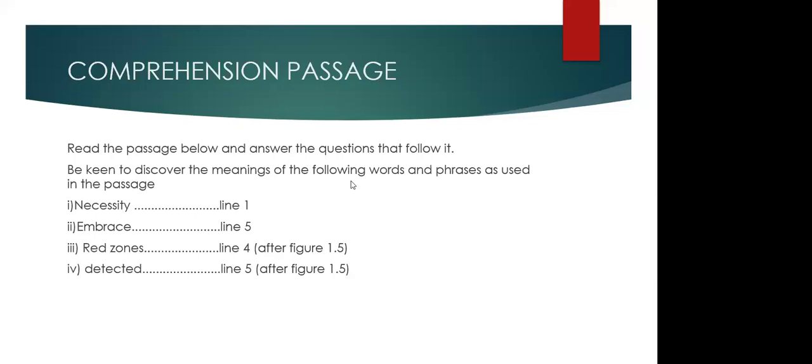I think a red zone is somewhere dangerous. Remember, Amy, you're answering red zones. I told you that even when you go to school, you have to be keen. If the question is in plural, even your answer must be in plural. Please give me your answer again after looking at the question.